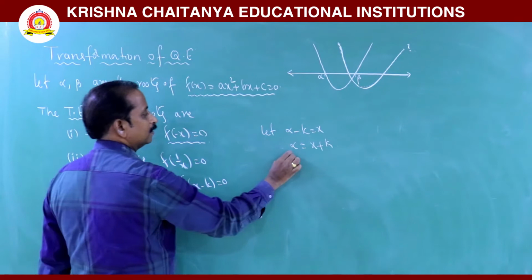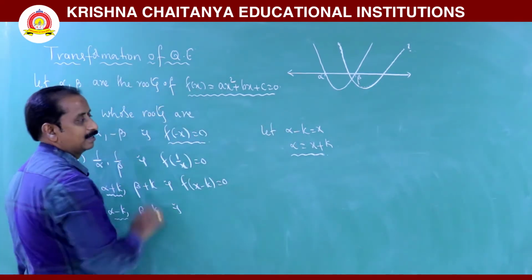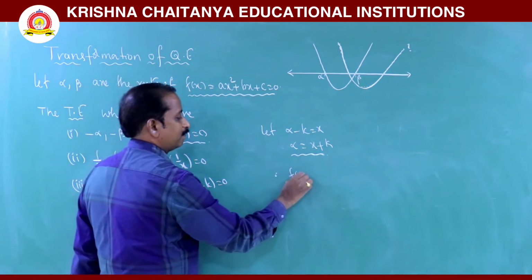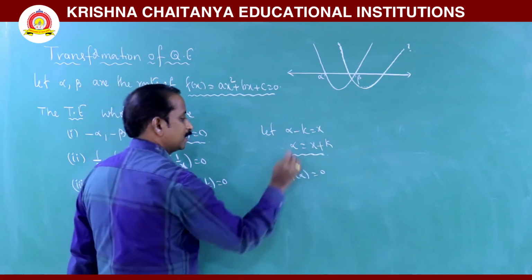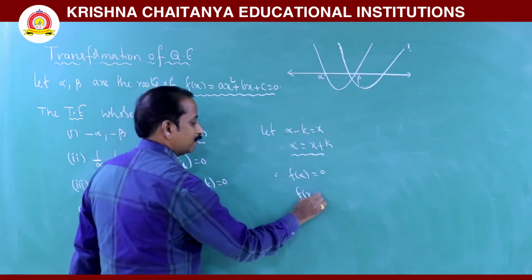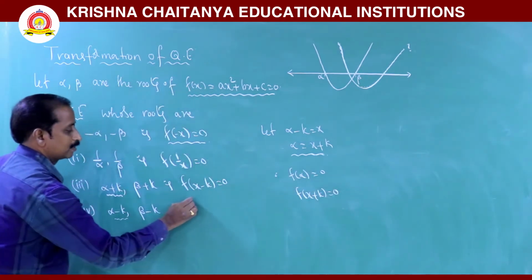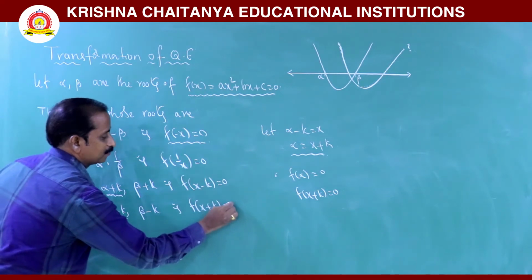But we know that alpha is a root of this polynomial, so it satisfies the polynomial. So f of alpha is equal to 0, with alpha being x plus k. So f of x plus k is equal to 0. So the required transformed equation is f of x plus k is equal to 0.